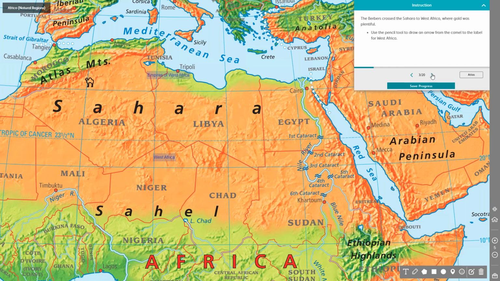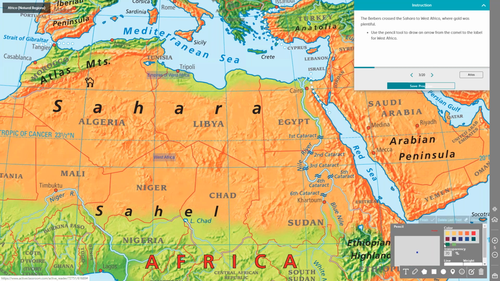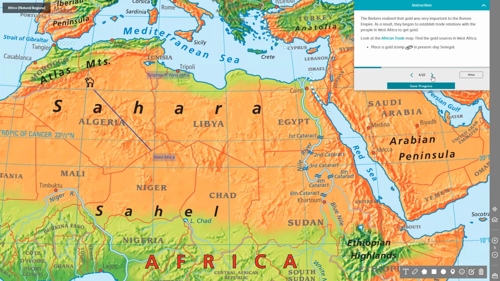I'm going to go along in my instructions, and it says to use a pencil tool, draw an arrow from the camel to the label for West Africa. I did that just before we got in here. So I've got my tool here, and I'll draw a line from there to West Africa, and there's my line. Close that out. Let's see what my next instructions are.